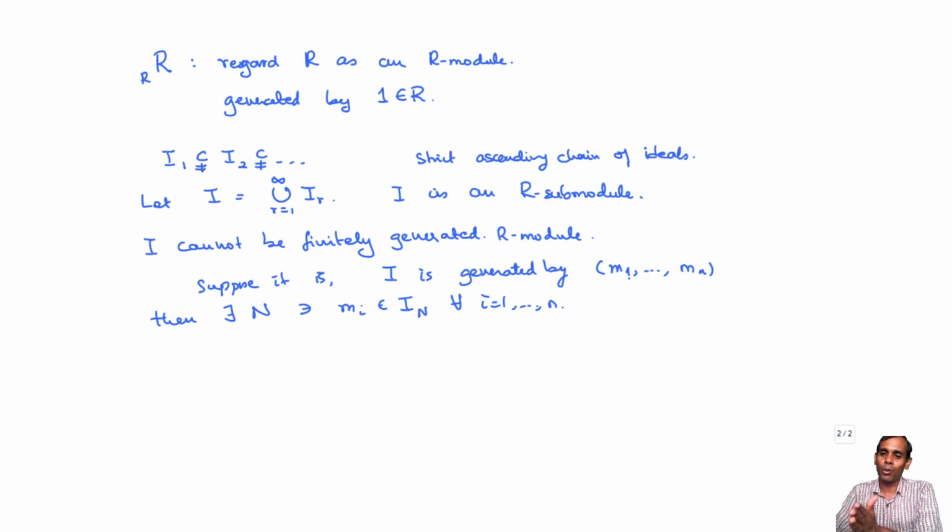So beyond some point each mi belongs to some Ir and all the Ir's that come after it, and just take the largest of these numbers and all the mi's will belong to one of the ideals In.